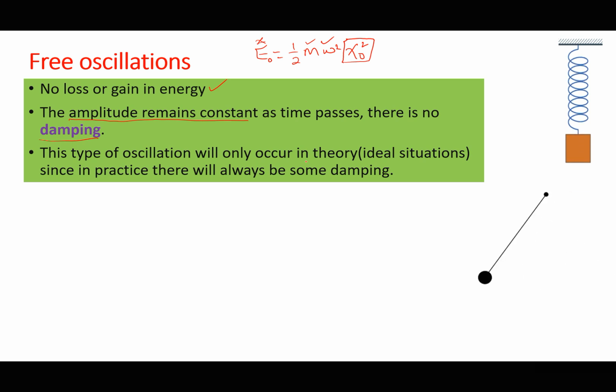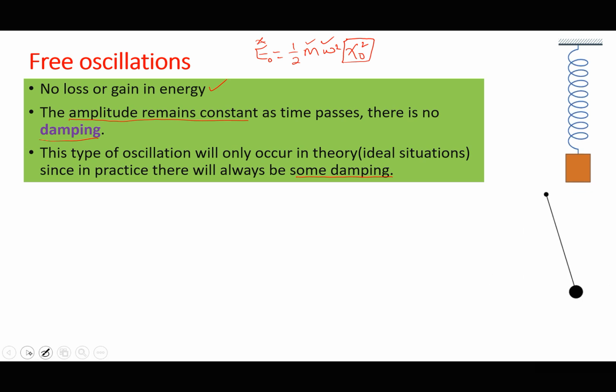In practice, there will always be some damping. In other words, there will always be some loss in energy of the oscillating system. And if the energy is lost, as we are going to see, the amplitude of vibration goes down to zero and the system stops oscillating.